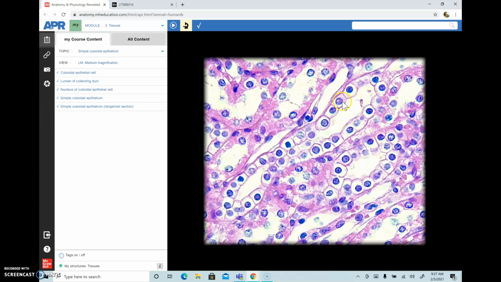The kidney constantly absorbs substances from the filtrate. Because there's a lot of reabsorption going on in the kidney tubule. You don't excrete everything that's filtered out in the nephron.